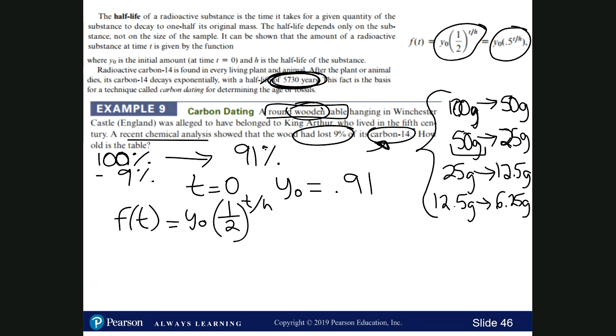Actually, I want to correct myself. Okay, so this is very wrong.